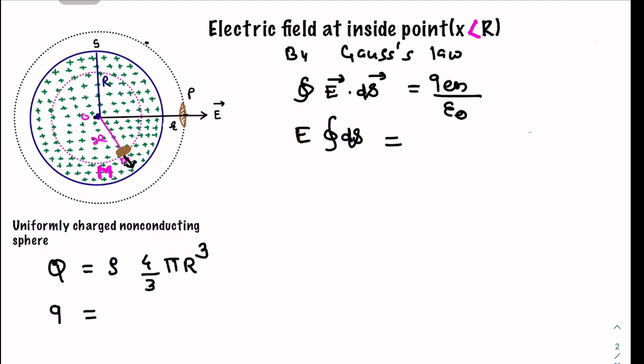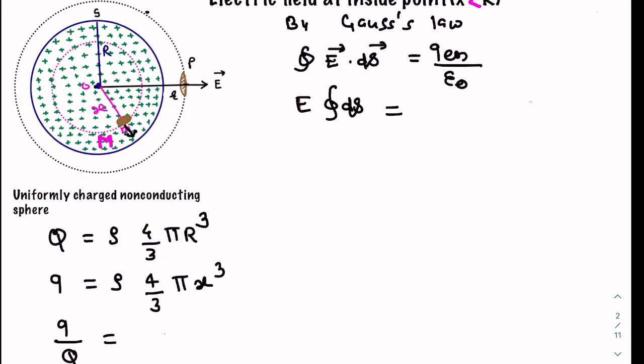Then rho is the same because it is a uniformly charged sphere, and the volume is 4 by 3 pi x cube. For total charge Q, rho times 4 by 3 pi r cube, and for this Gaussian sphere q, rho times 4 by 3 pi x cube. Then q by Q equals x cube by r cube.